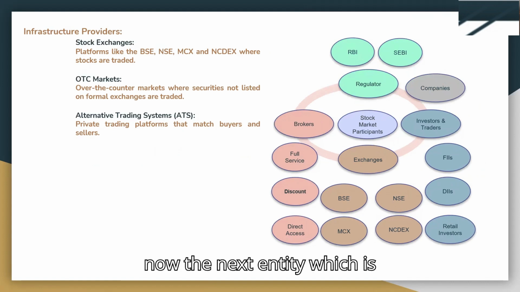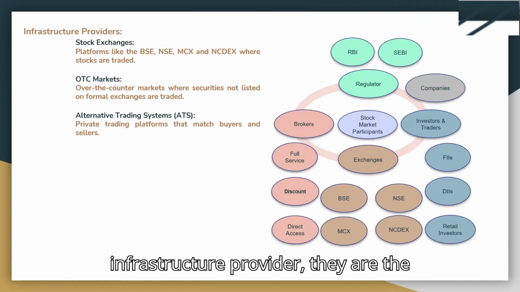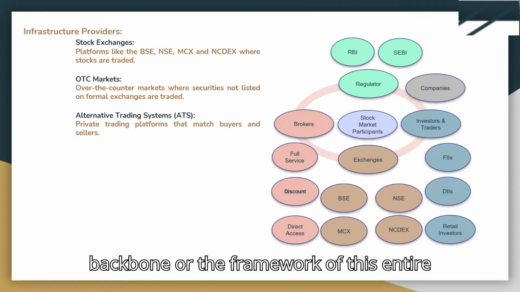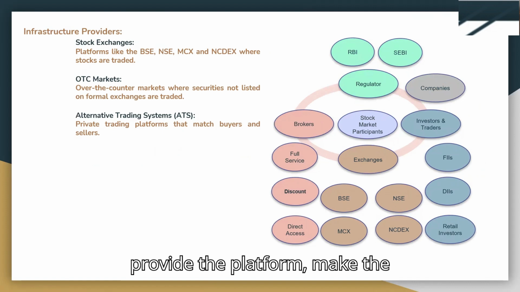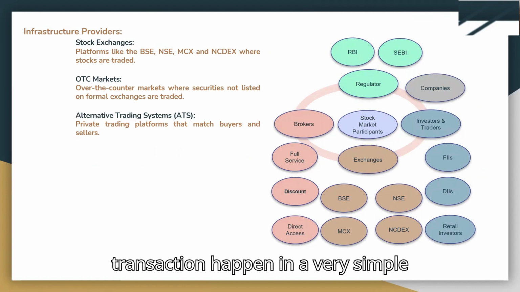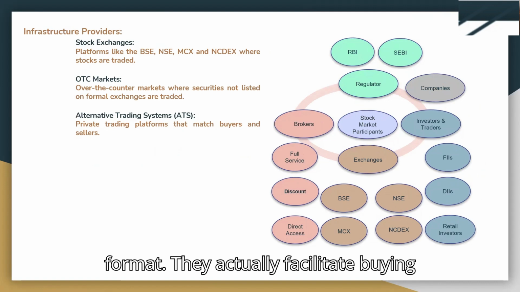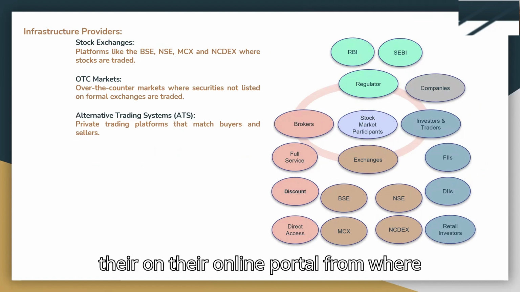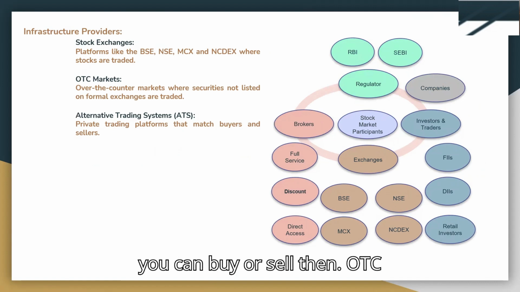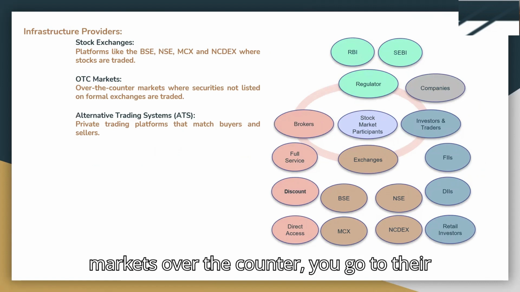Now the next entity, which is the infrastructure provider. They are the backbone or the framework of this entire system. One is stock exchanges. They provide the platform and make the transaction happen in a very simple format. They facilitate buying and selling. They show you the rate on their online portal from where you can buy or sell. Then OTC markets, over the counter.